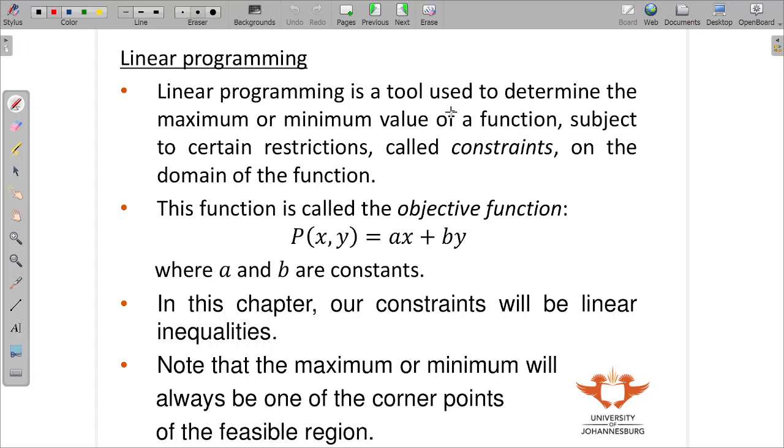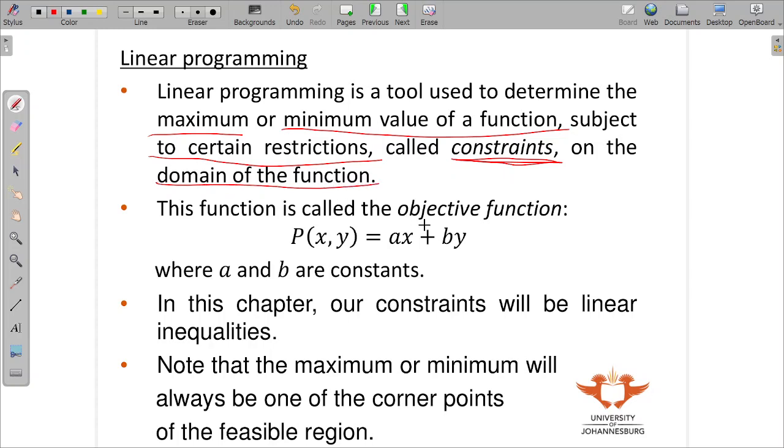Linear programming is a mathematical tool used to determine the maximum or minimum value of a function, subject to certain restrictions, certain constraints, on the domain of the function.